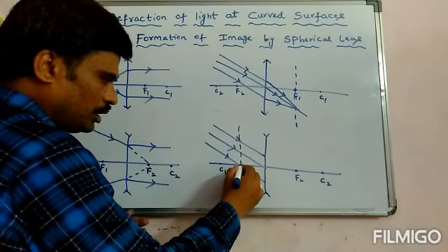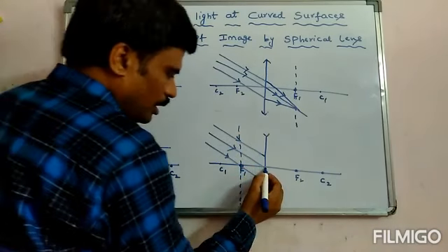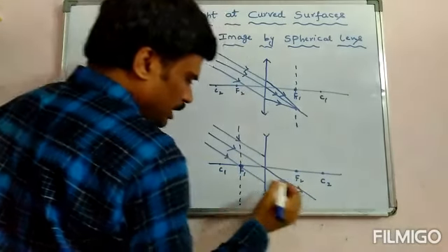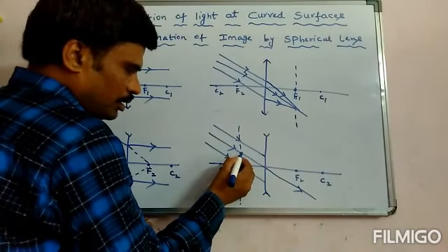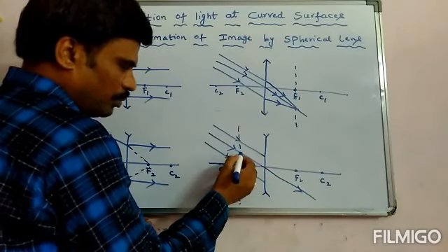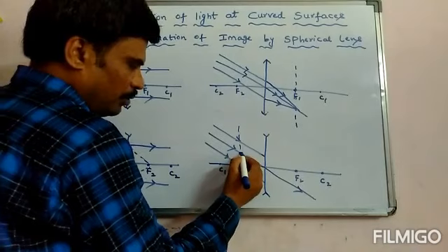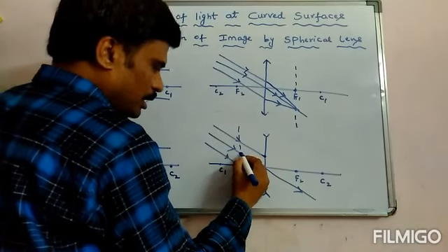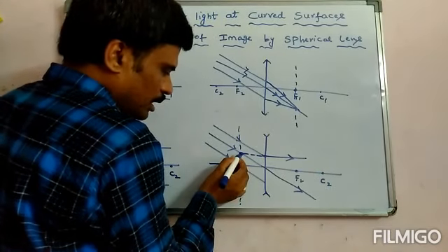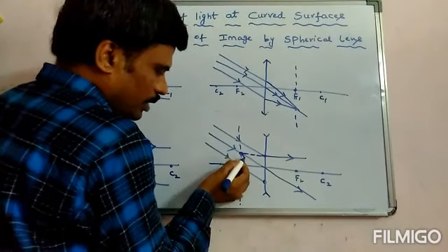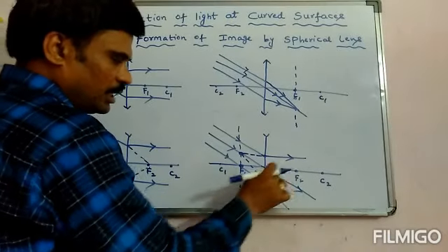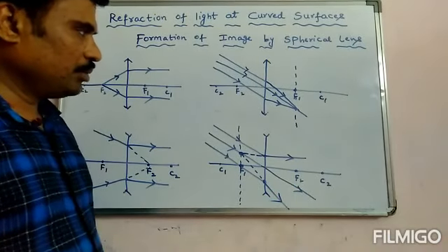The ray passing through the optic center has no deviation, and where it meets the focal plane, from that point to the point of incidence, if you join a line and extend it, these are the refracted rays. So in this manner the rays get diverging, right?